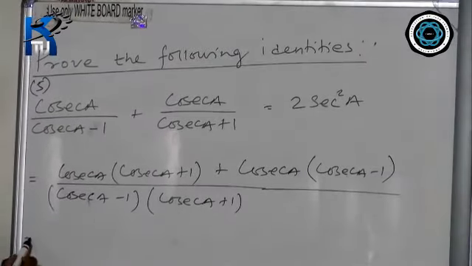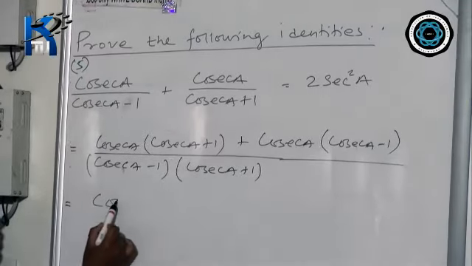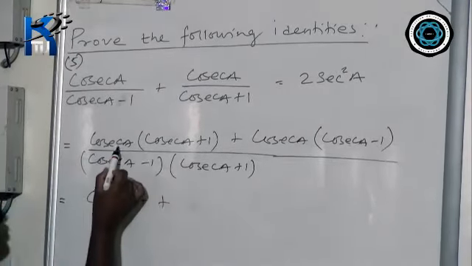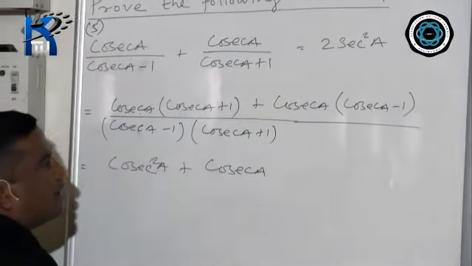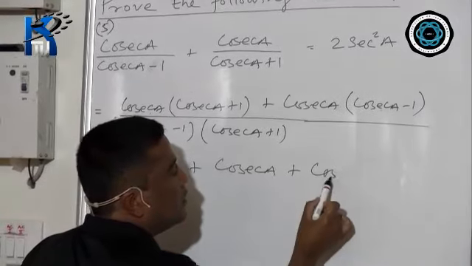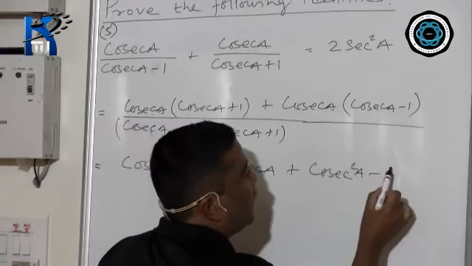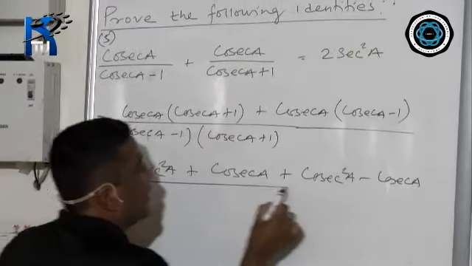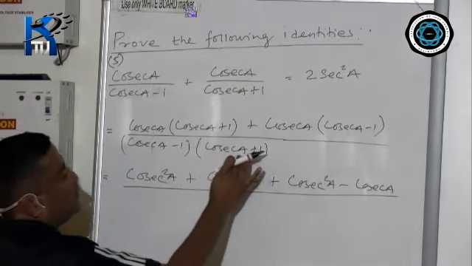Now remove the bracket. Cosec A into cosec A, cosec square A plus cosec A into 1, cosec A plus again cosec square A minus cosec A divided by cosec A minus 1 cosec A plus 1.